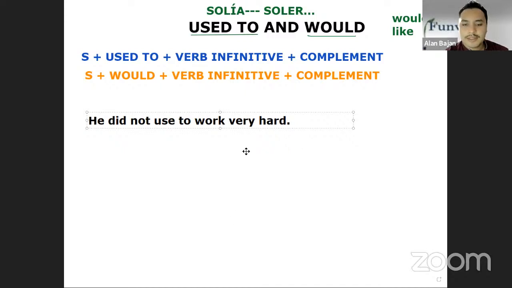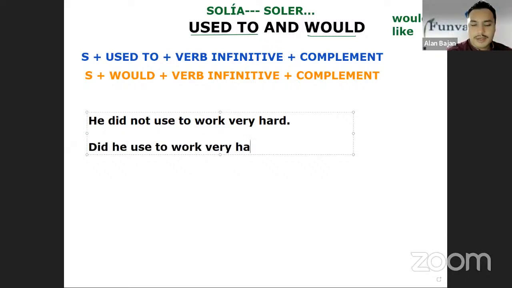Okay, remember guys that I am not saying a negative question. It's a simple interrogative question. Did he use to work very hard? It's simple, the simple version. What some of you were doing is called negative questions.